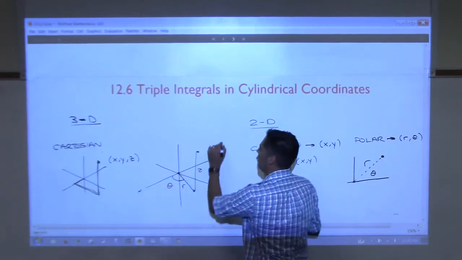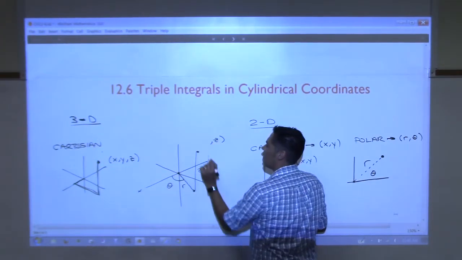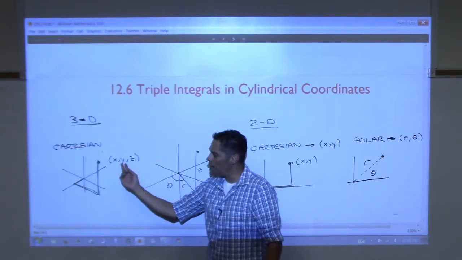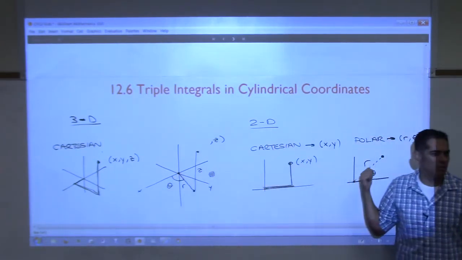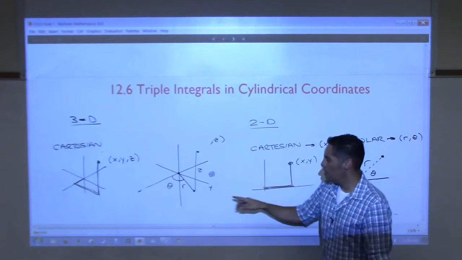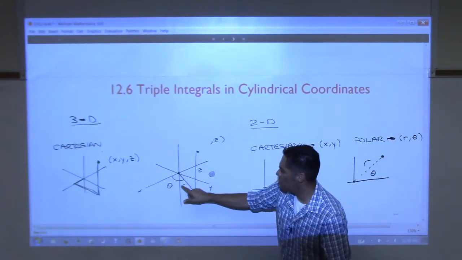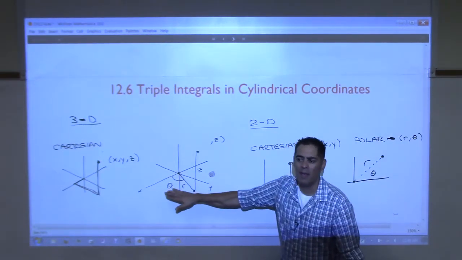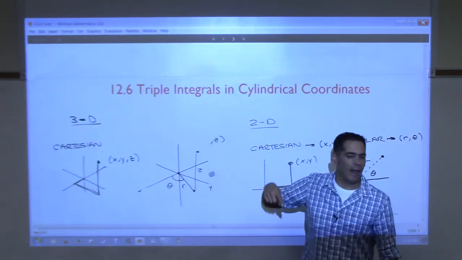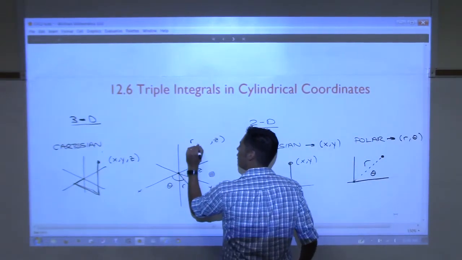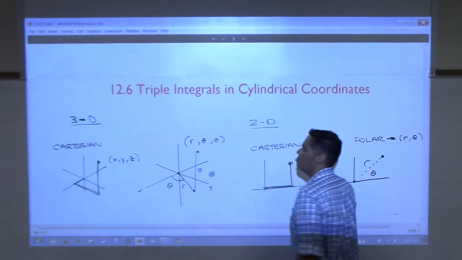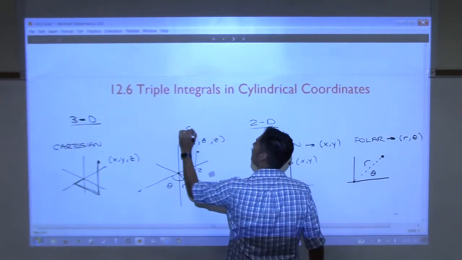The z is still the z. But instead of using x and y to get there, you're going to use the r and theta that you used from polar. So all the r and theta do is move you around on the xy plane. And then the z just moves you up or down. So r, theta, z. Understand this is cylindrical.